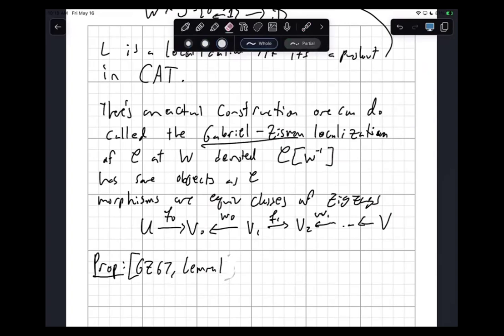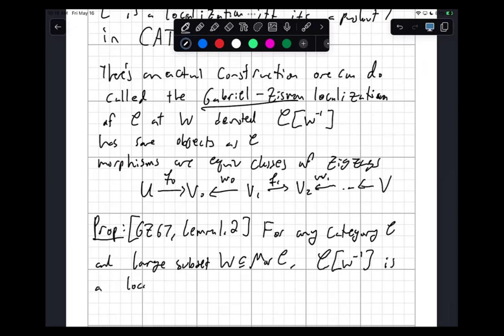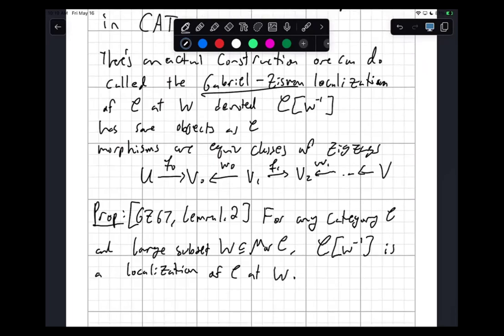It says for any category C and large set W, this category is a localization. So you still have to say what the functor is, but it's just taking equivalence classes. Right? So this always exists.